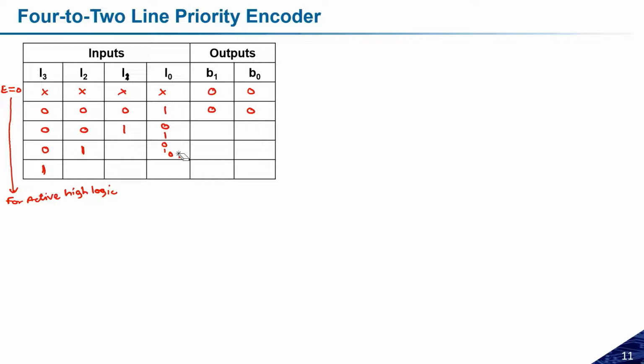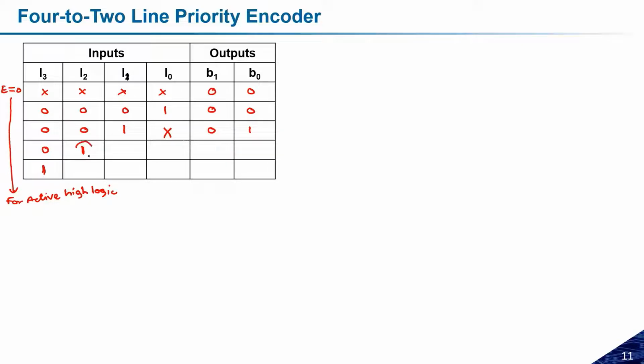The first condition: if the I1 is high, it does not matter what is the status of I0, I will consider the I1 as the highest priority. So I need to give the priority to the highest number of bit, and that starts from I0 to I3. In that case 0, 1 should be the output.